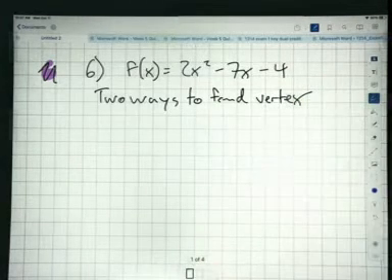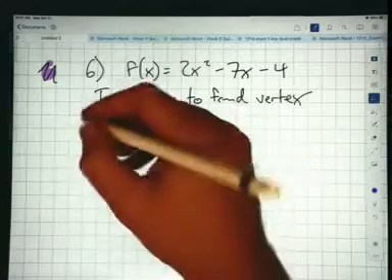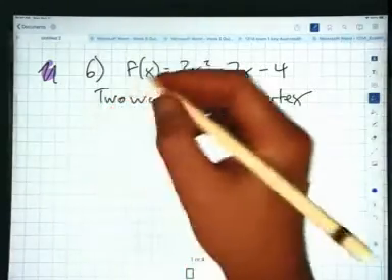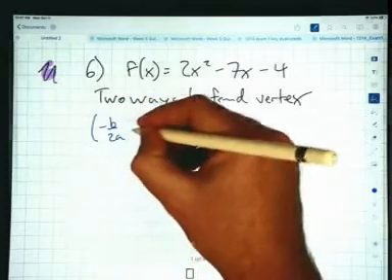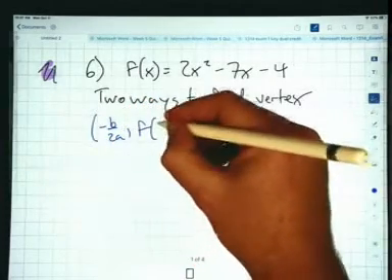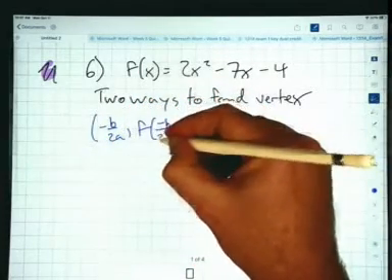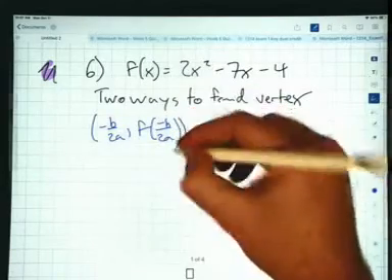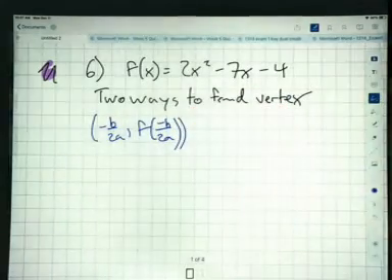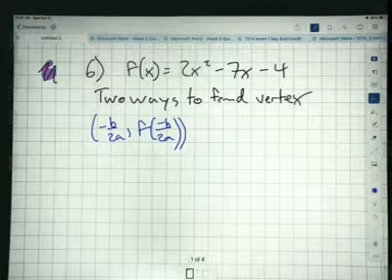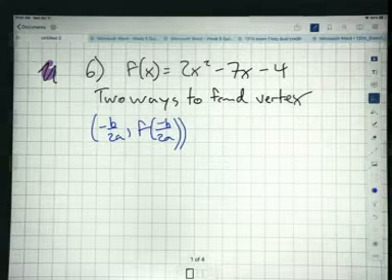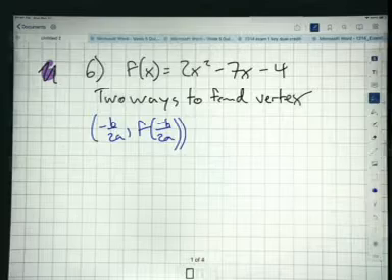The first method involves going through and finding negative b over 2a and then evaluating the function at negative b over 2a. This is how you can find the vertex of any quadratic function.